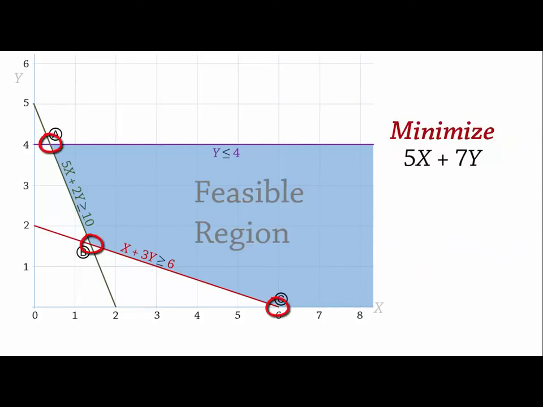Now recall that the objective function is to minimize 5x plus 7y. So, the corner point that gives us the minimum value of the objective function is the optimal point.